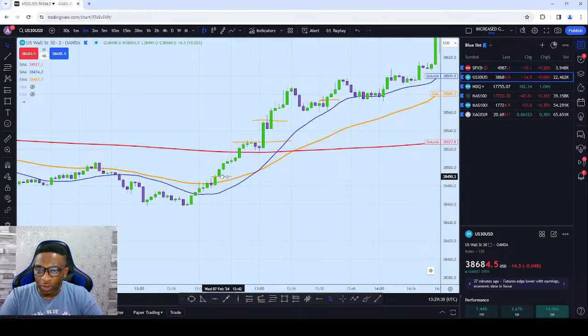Once you enter your trade, if you enter on the confirmation entry, your stop loss will be a little bit wider, as we'll put it below the candle we entered on.